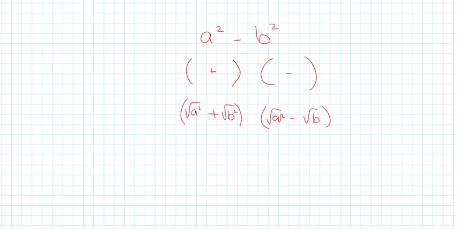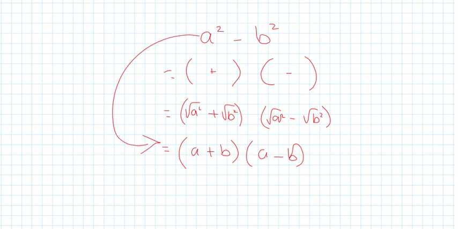Okay? Then I can simplify this to a plus b times a minus b. Okay? So I'm showing you step by step how you should do it. Technically, you can move to this step right away. It's just for me to show you step 1, step 2, step 3 in separate steps.